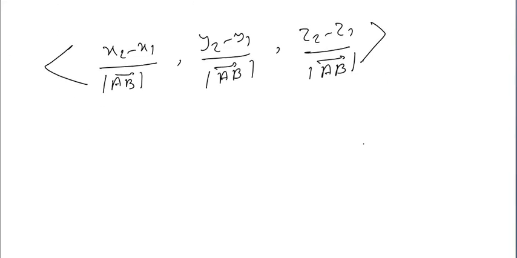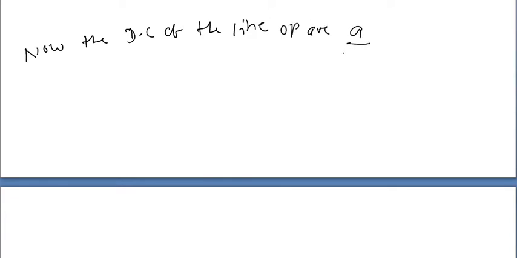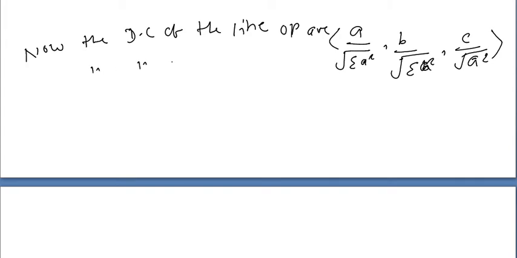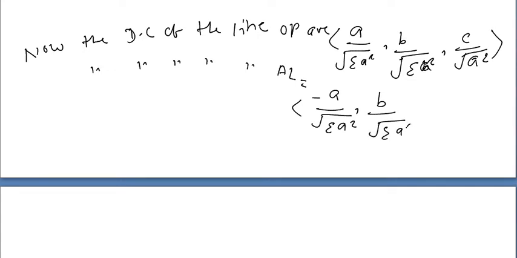Now the direction cosines of the line OP are a divided by the square root of the sum of a square, b divided by the square root of the sum of a square, and c divided by the square root of the sum of a square. This is the direction cosines along OP. Now the direction cosines of the line AL, just see the figure, are minus a divided by the square root of the sum of a square, b divided by the square root of the sum of a square, and c divided by the square root of the sum of a square.